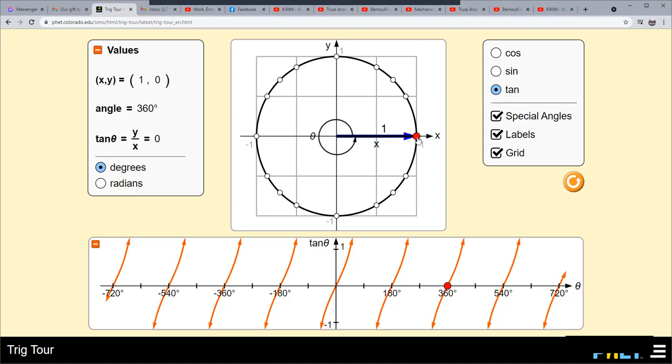So we completed one revolution, and so on. You can just go along with the different angles. That's how the sine, cosine and tangent trigonometric functions are simulated relative to a unit value of x and a unit value of y.